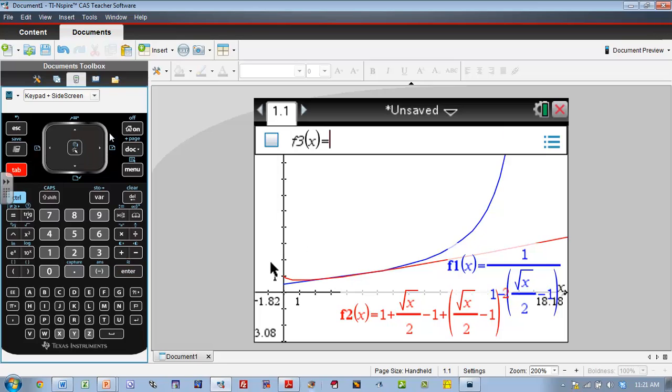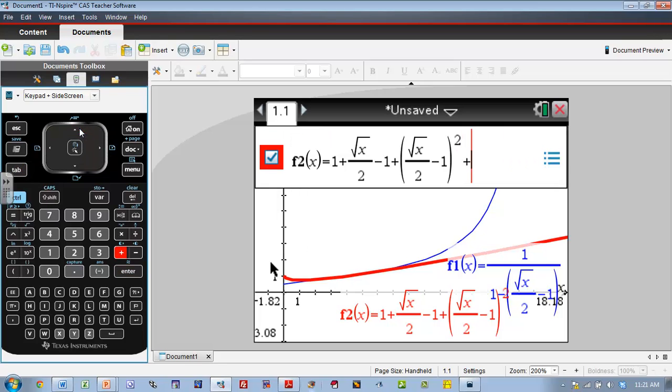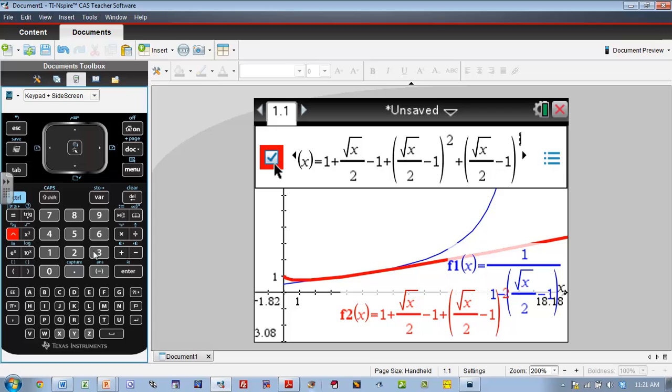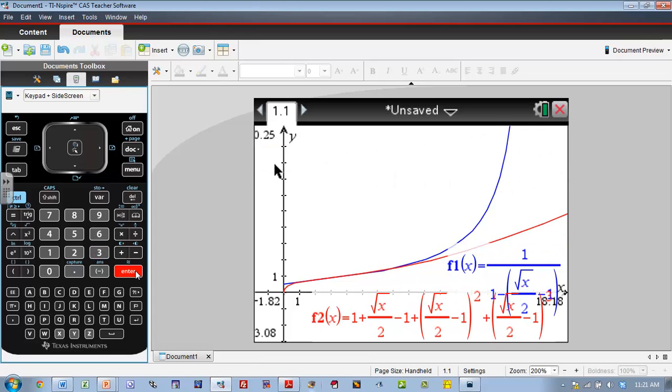Let's add another term. Let me copy this and then paste it and say that this is to the third power. A little bit better. You can see it pushing up closer.